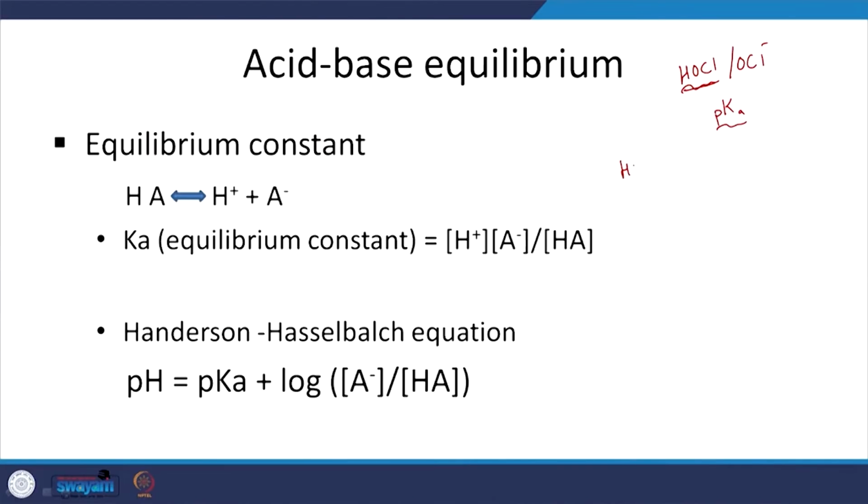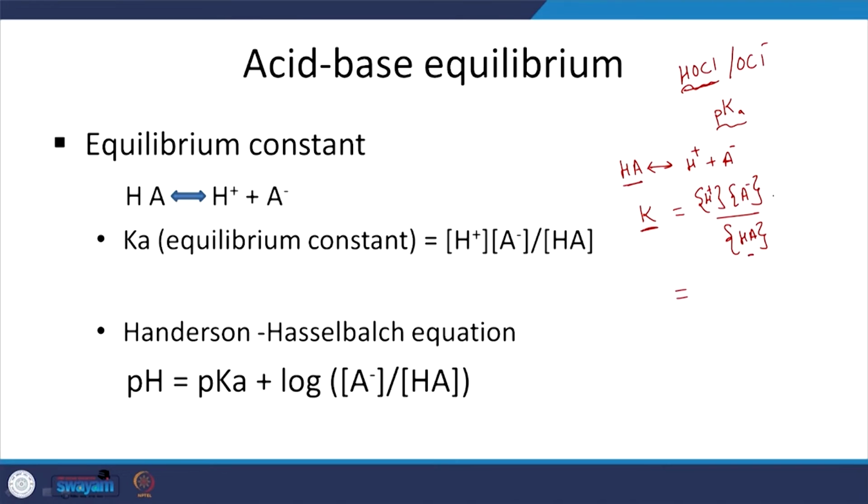For this reaction of acid dissociation into H plus and its deprotonated form, which is the base, you will have an equilibrium constant, capital K. It is only applicable when the system is at equilibrium. K is equal to the activity of H plus times the activity of A minus over the activity of the reactants raised to their stoichiometric coefficients. Because the reactant is only HA, I am going to have only HA here.